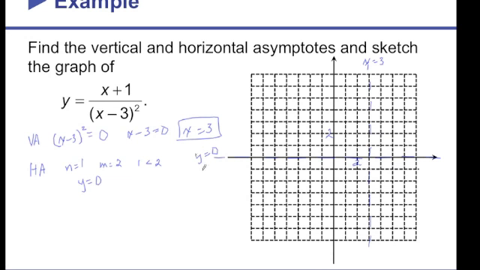Of course, you may graph this on your graphing calculator. The graph would end up similar to this: as x goes to infinity, y goes to 0, and it comes closer to the vertical asymptote but never touches it.